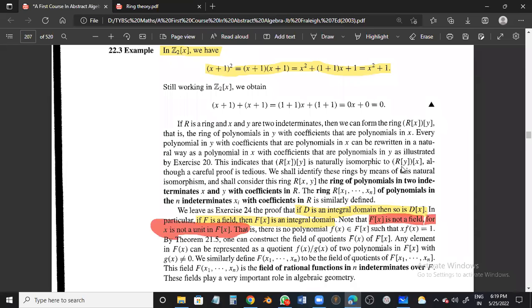You may have R of y of x also. Then you need to show that R of x of y is the same as R of y of x, or we will say it is naturally isomorphic. So this statement is quite important for us, and this we are now going to solve. So this we mean to show.